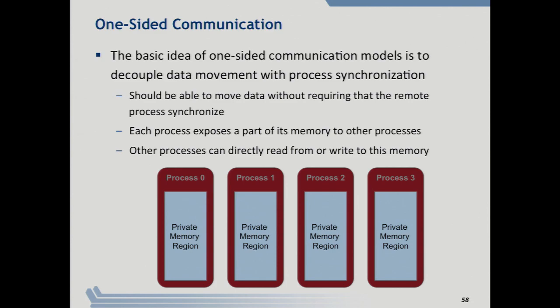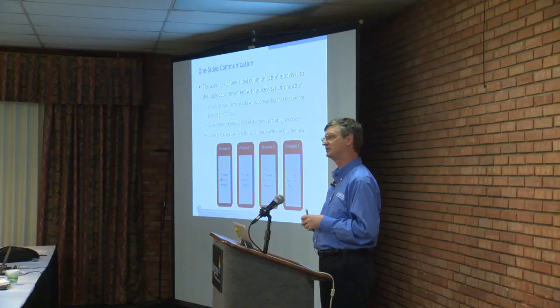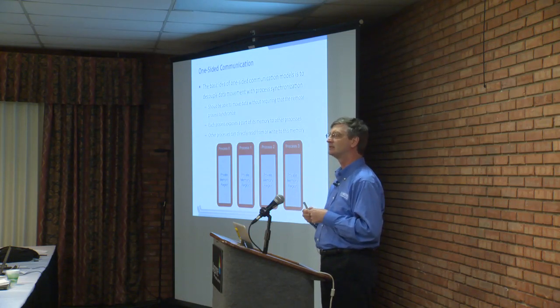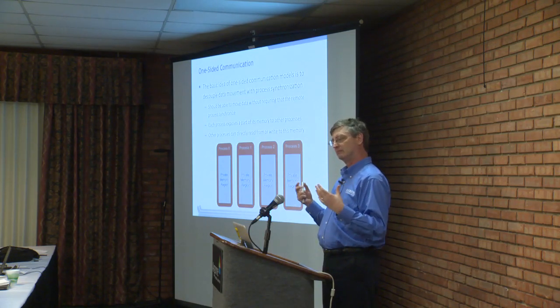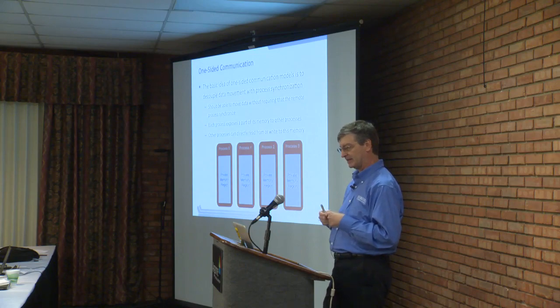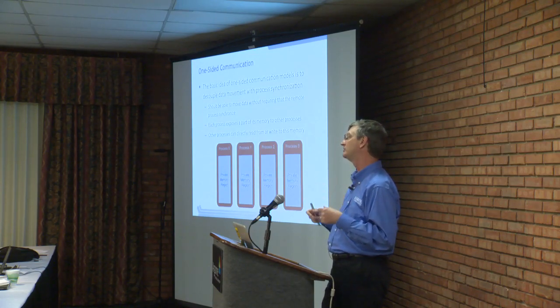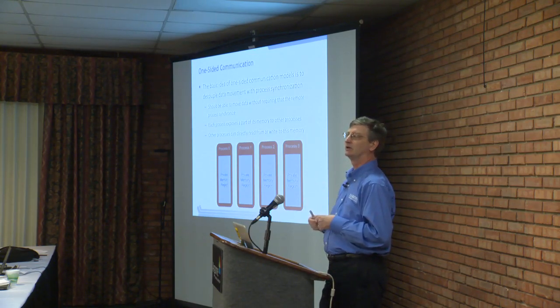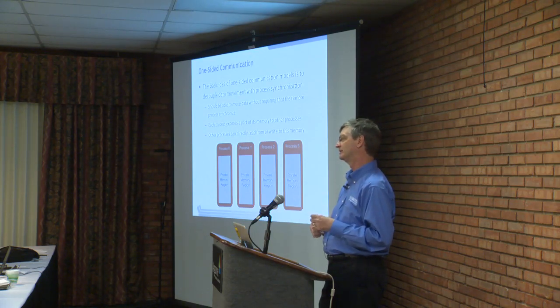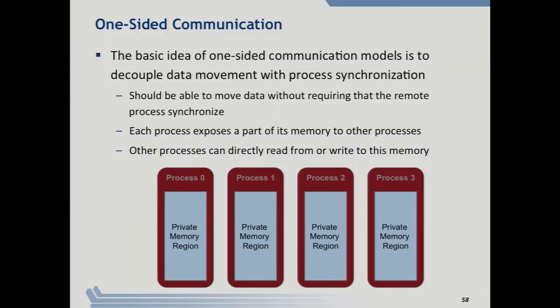In MPI, we've maintained sort of the MPI look and feel of this, and you'll see this in a number of ways. But one important part of that is that we don't say all of a sudden you can send data to any arbitrary location in a remote process.